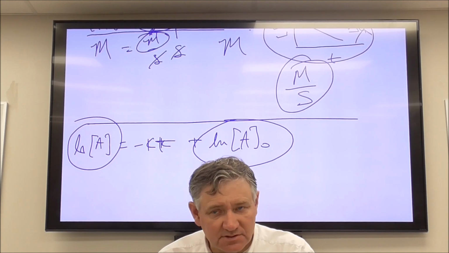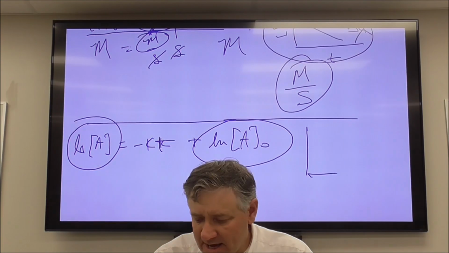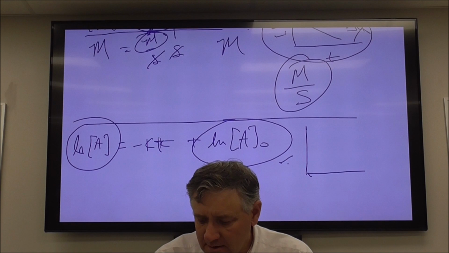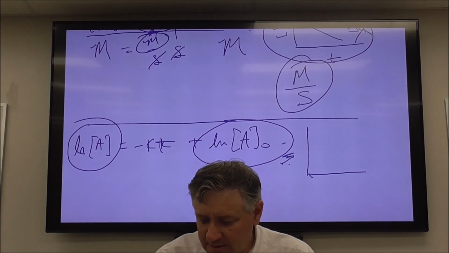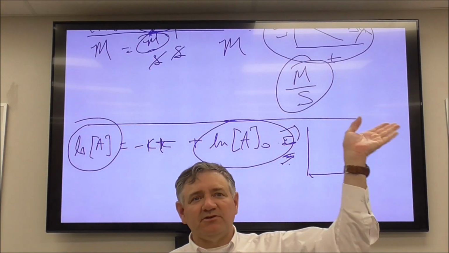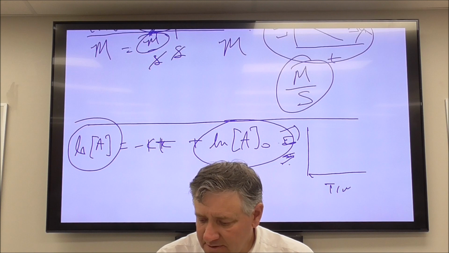No units. So over here on this y-axis, you're going to plot the natural log of A, which means that it has no units. But I've still got time here.